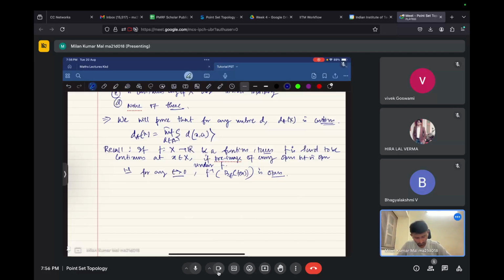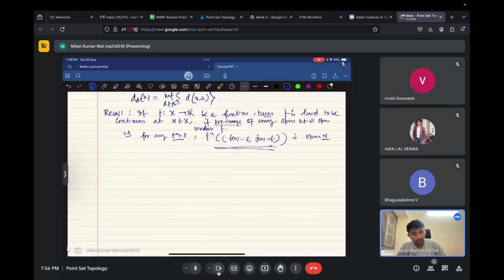Correct. Okay, so the pre-image of every open set is open is correct. So basically, what an open set means here is that for any epsilon greater than 0, f inverse of an interval, that is f of x minus epsilon comma f of x plus epsilon. This is the basic open set in real numbers, right? This should be open.